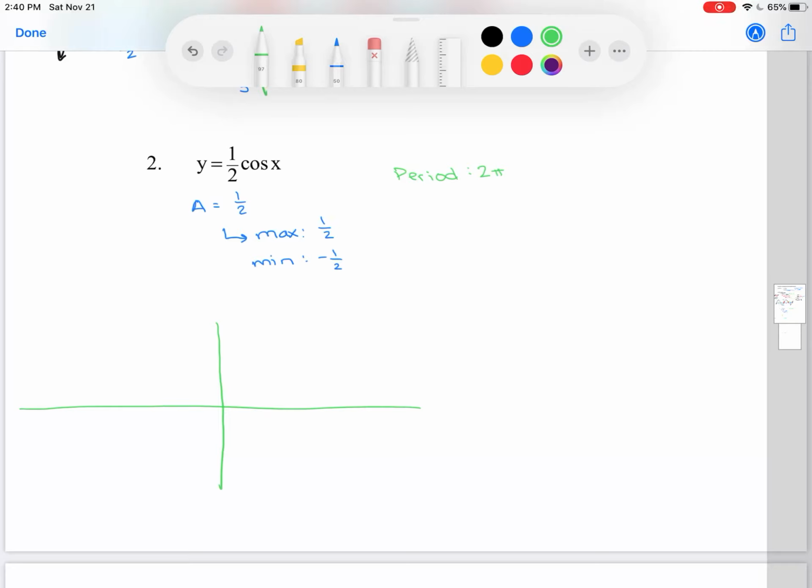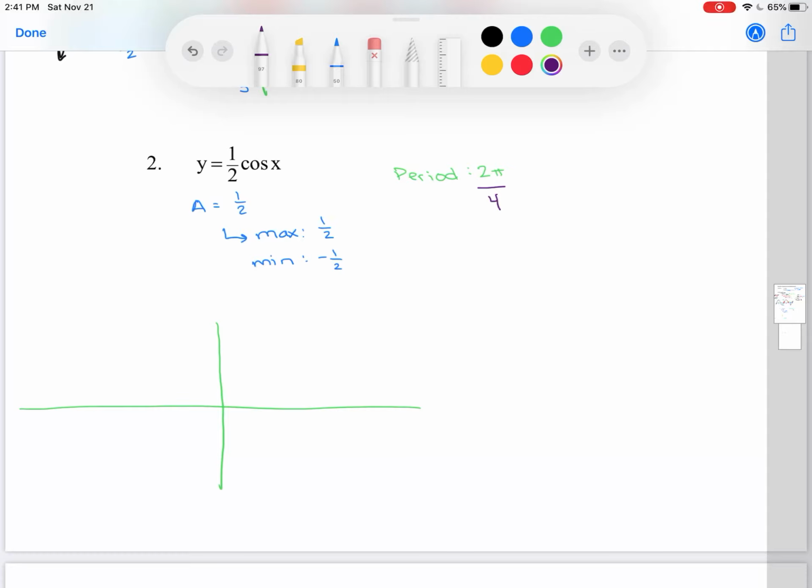Okay, let's draw a picture. Remember that on a cosine graph with no other shifts, besides amplitude, of course, your period is going to be 2 pi.